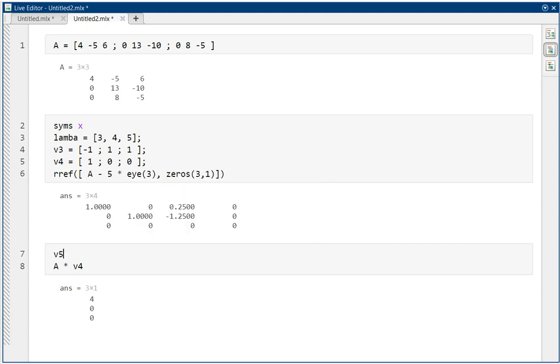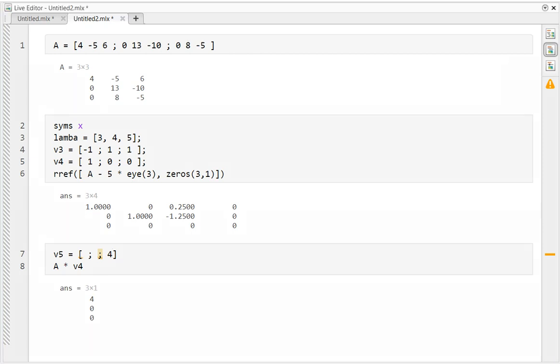So V5, thinking of V sub 5 connected to the lambda equals 5 eigenvalue. I'm going to put a 4 in for x sub 3. Why? Because I have a 1/4 and a 5/4, and that's what's going to get moved over.